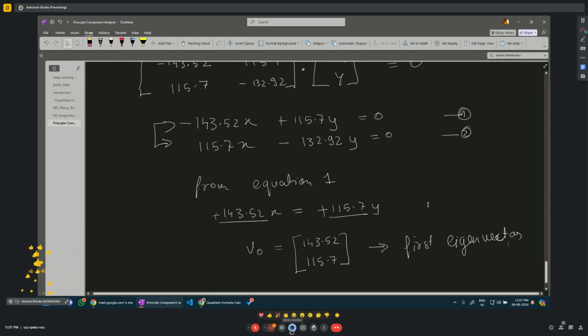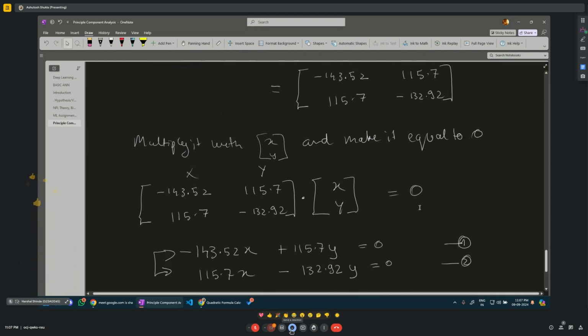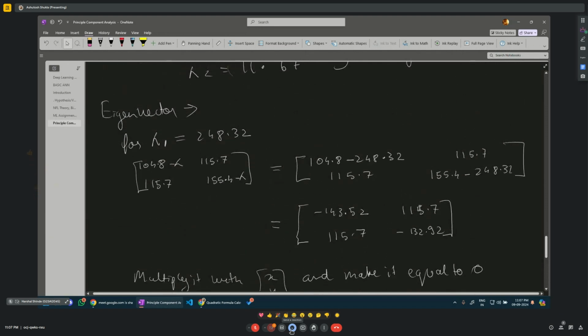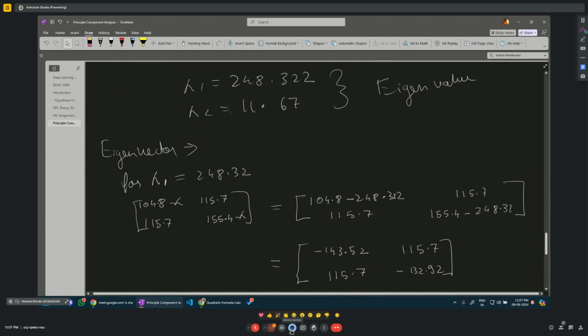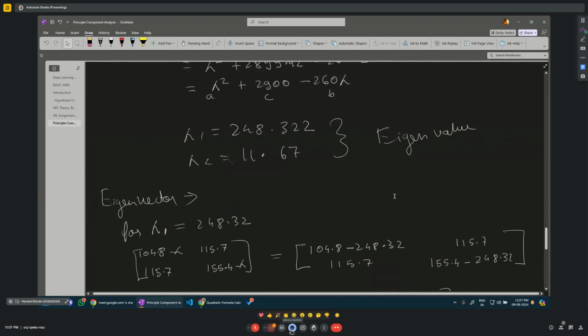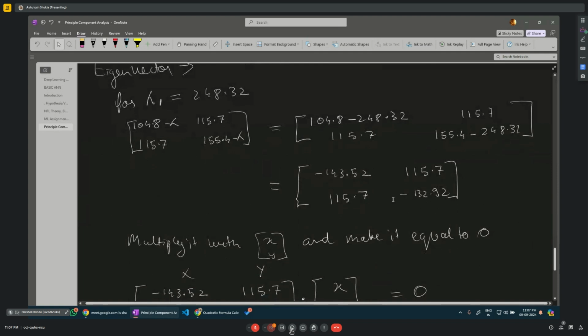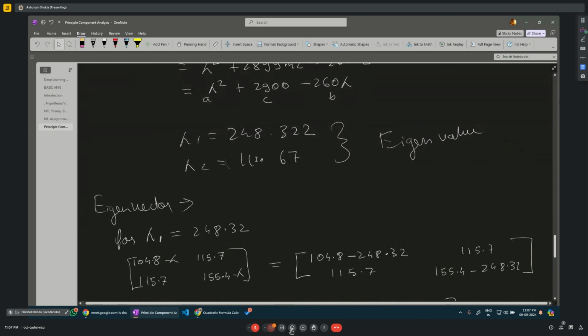All right, so the next part is the other eigenvector. The other eigenvalue is 11.67.